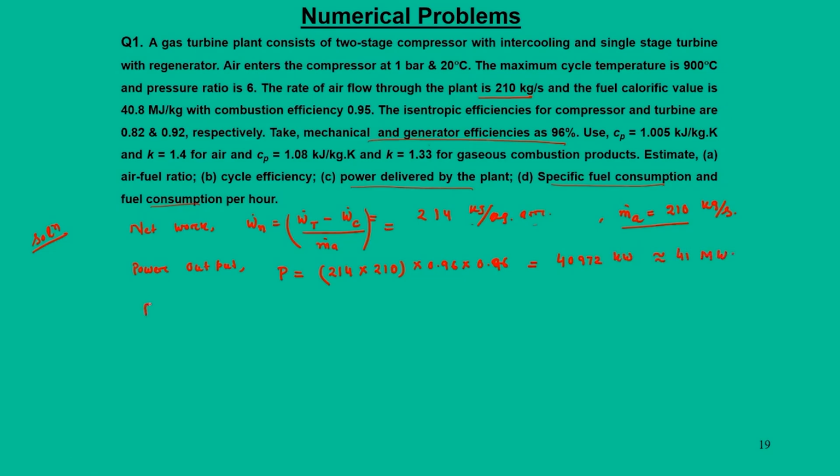Fuel consumption per hour is equal to 210 into 3600, that is in an hour, into the fuel-air ratio, 1 by 75.56. So, this is 10005.3 kg per hour.